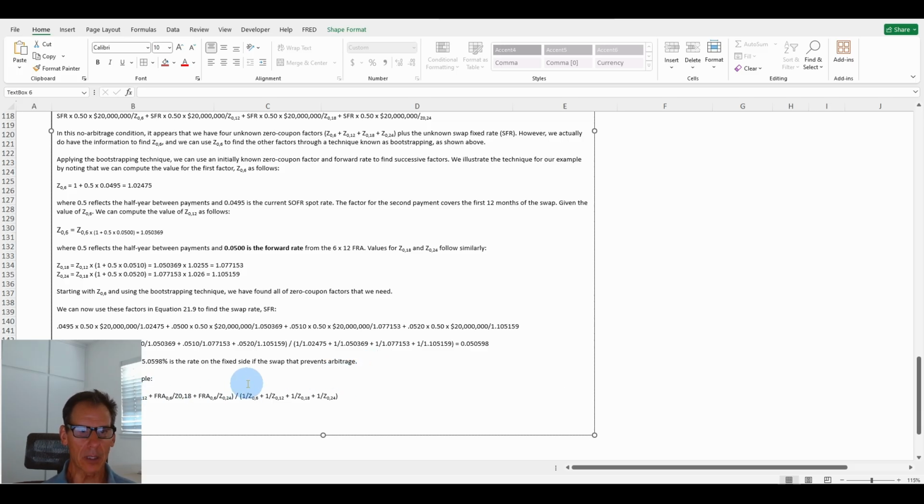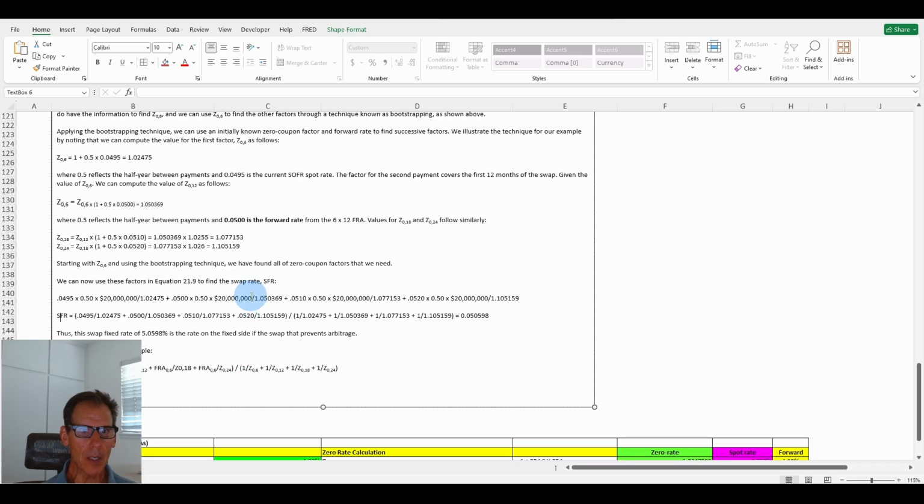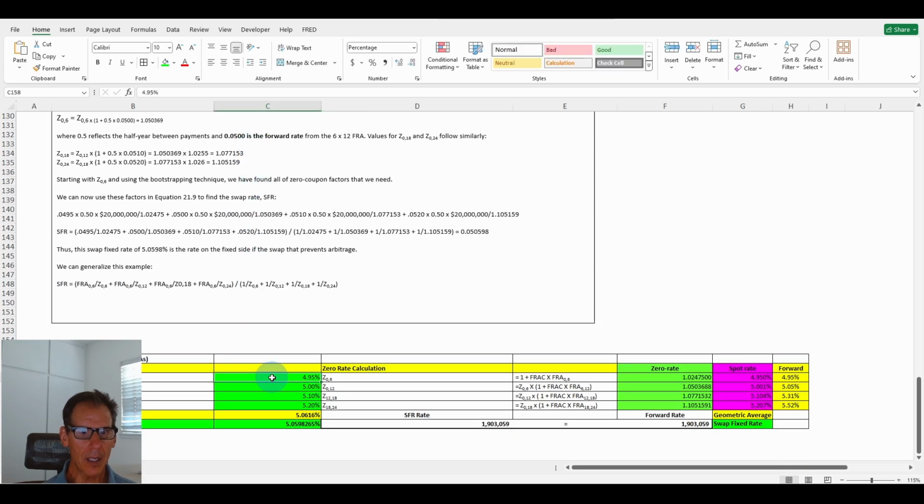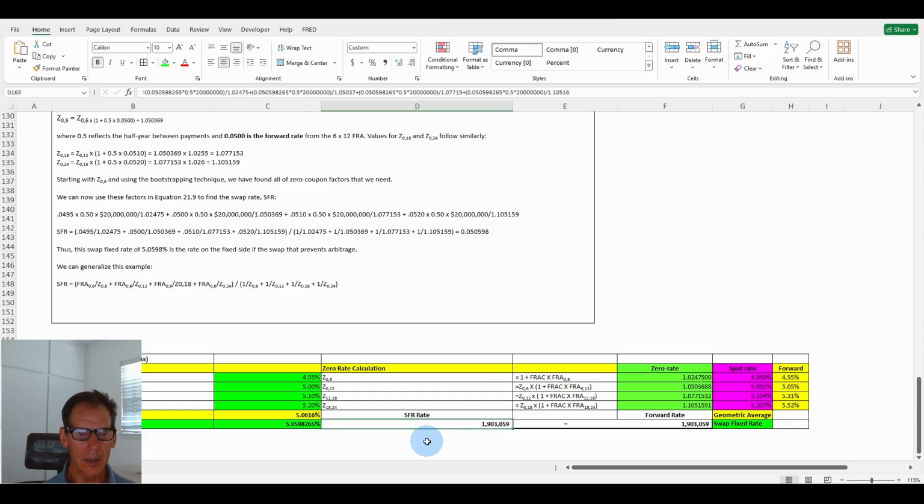Off topic a little bit here, in that we were looking for these rates. Here it is right here, 495. We have a swap fixed rate of 5059, and here's the formula. I was using this to determine something else, but you're going to use C158, 495, divided by F158, which is going to be the number above.